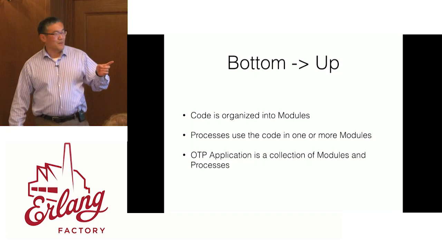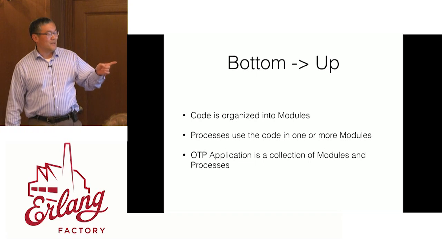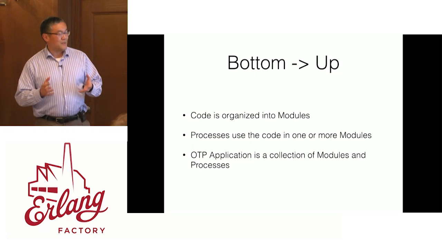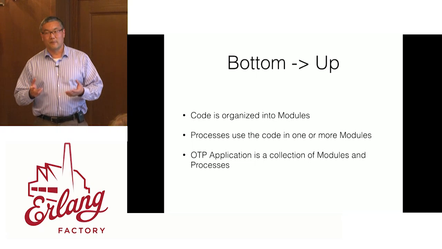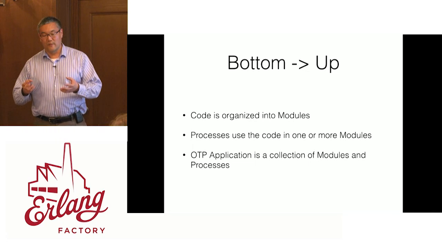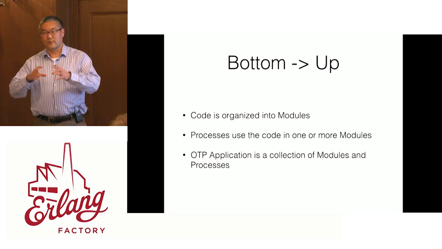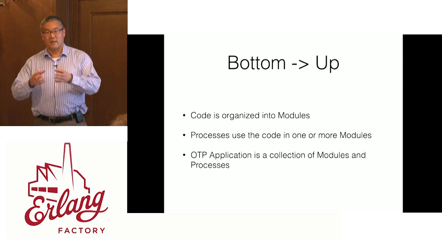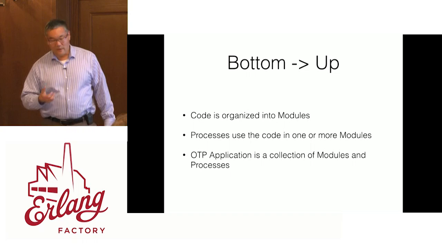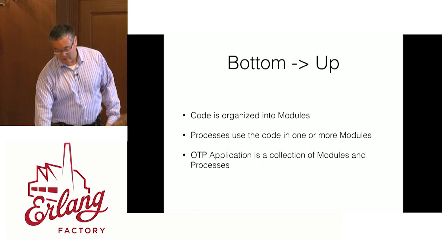So when I say an OTP application in the slides, I'm referring to the concept of an application coming out of the OTP framework, which they define as a collection of modules and processes. It's this entity that usually has one source tree and has a .app file. That's what an OTP application is.